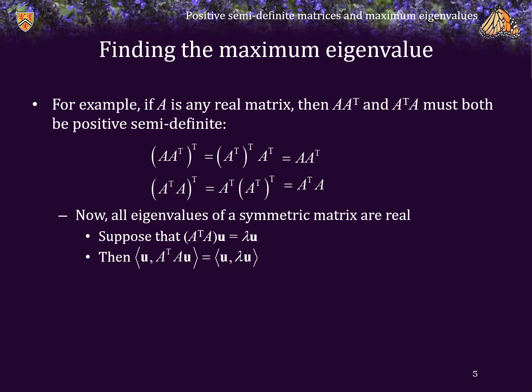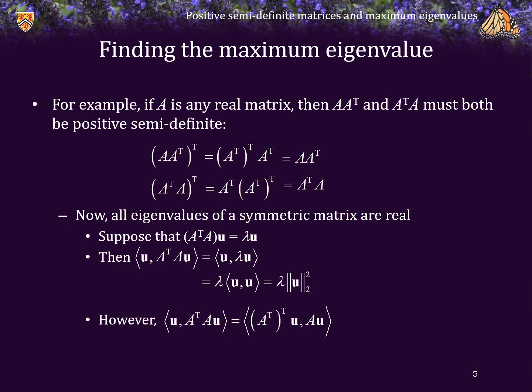Well, in that case, if we take the inner product of u and A transpose times A times u, then that's just u times lambda times u. Of course, that lambda can come out, and so therefore we have lambda times a value that is greater than or equal to 0.